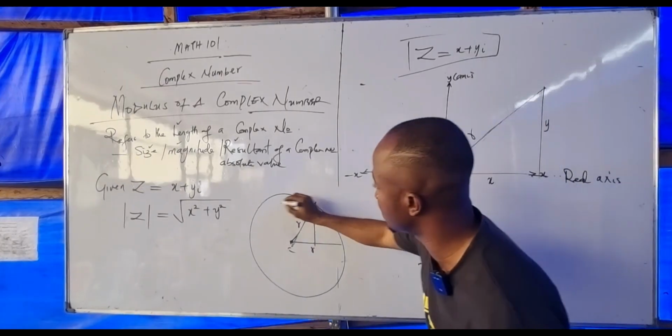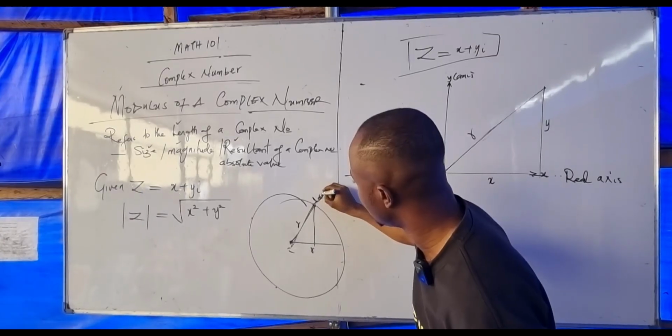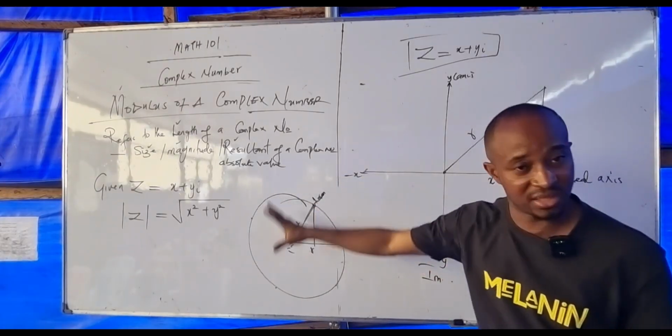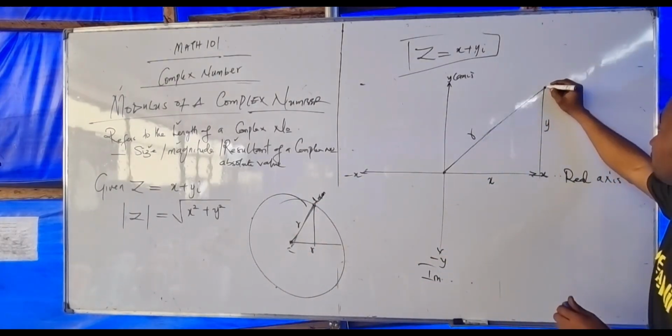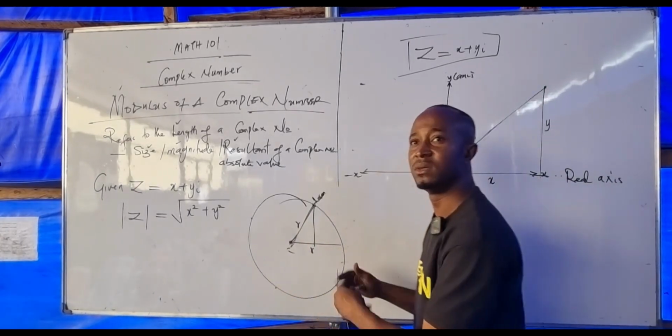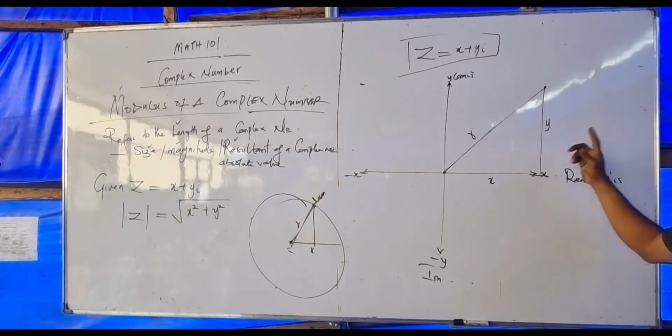Every point on this circle is called a locus, a point where an object can be found on a circle. I'm not going into circles because circle is a topic on its own, which is for the second semester.